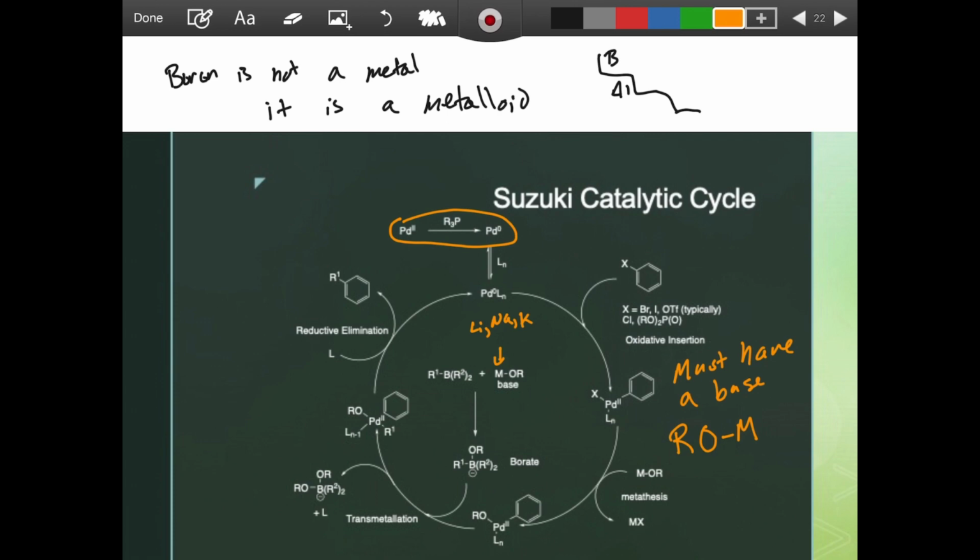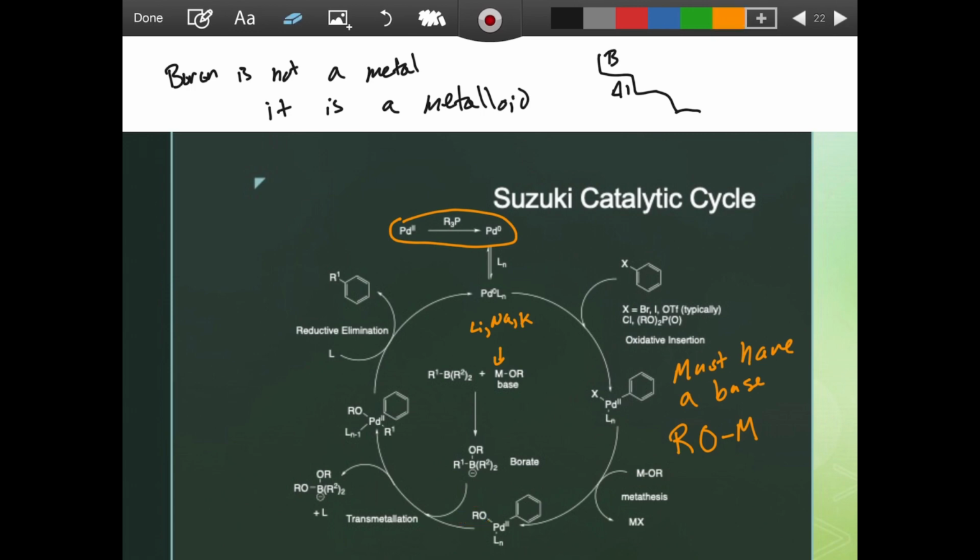That base serves two roles. First, it does this metathesis step where it is replacing the halide on the palladium with OR, so an oxygen on the palladium.